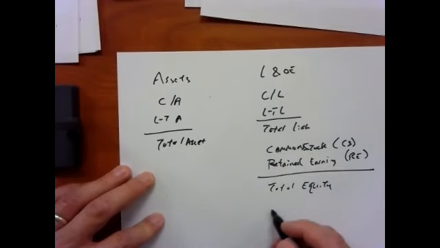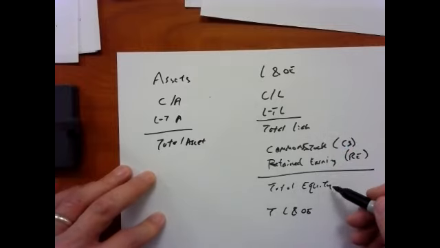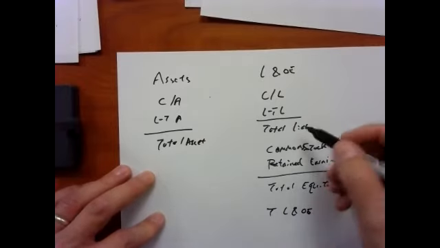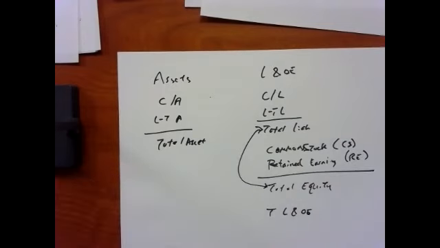Then you add these 2 together to get total liabilities and owner's equity, which is going to be this plus this, right? So it's just adding these 2 lines. But that's basically what a balance sheet would look like for a for-profit entity.